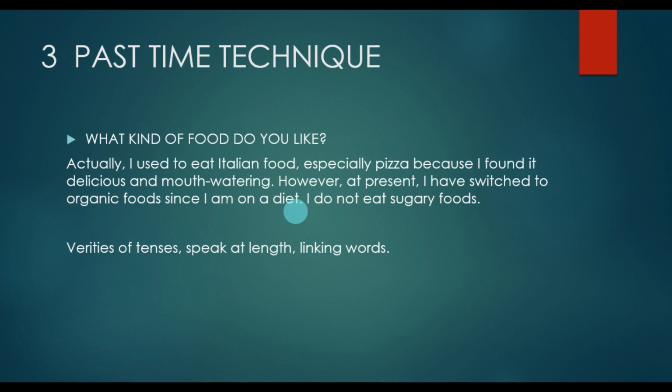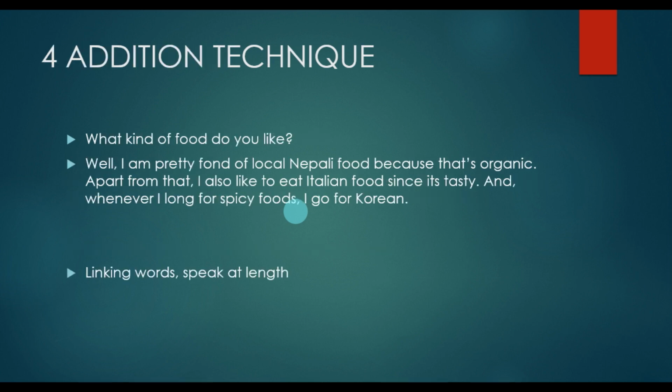You may compare your past and your present. I used to do this in my childhood or in my past days, but at present I switch to this. I play this. I do this.